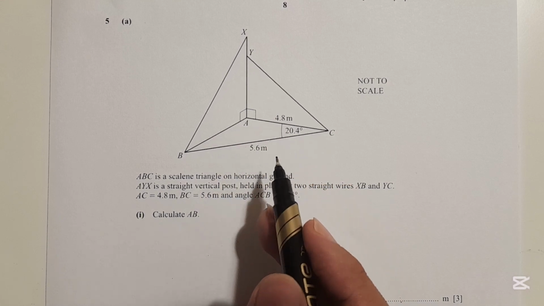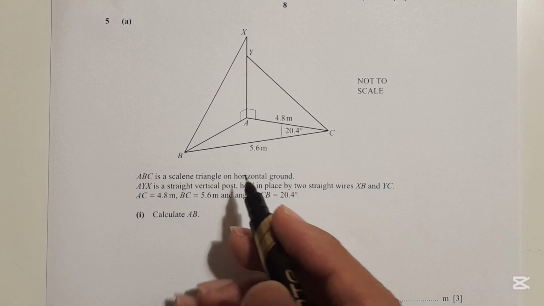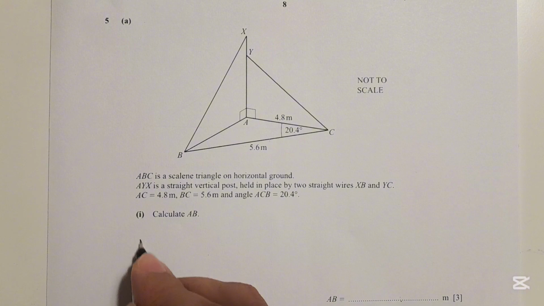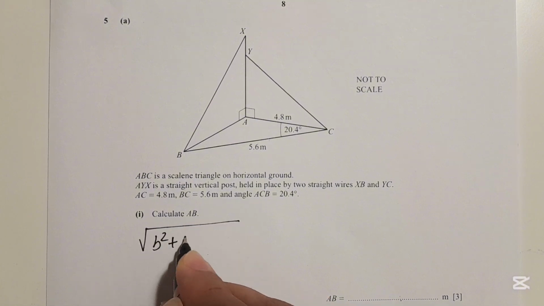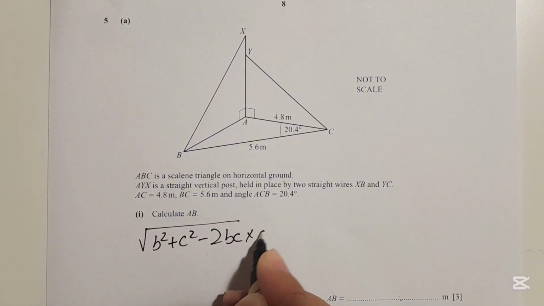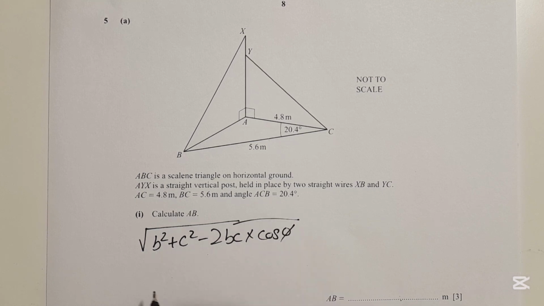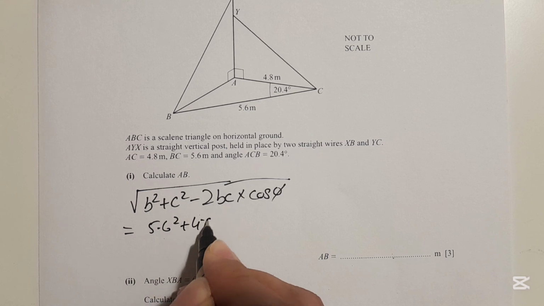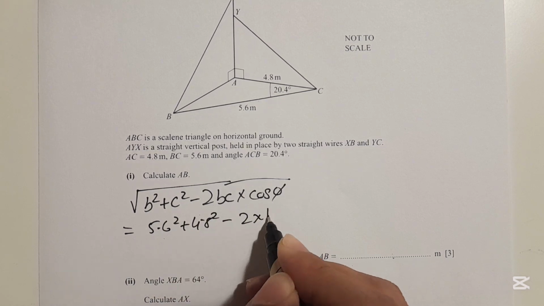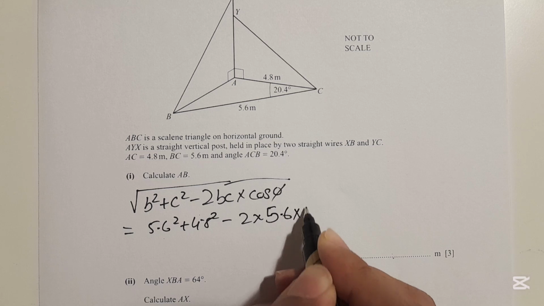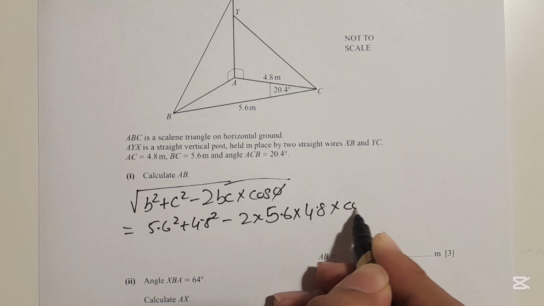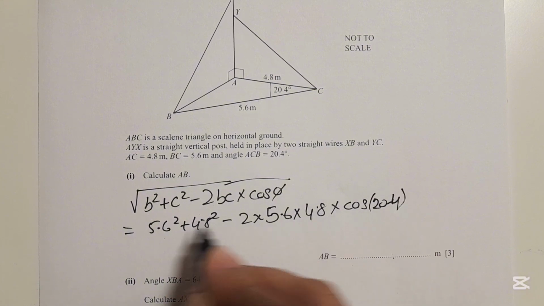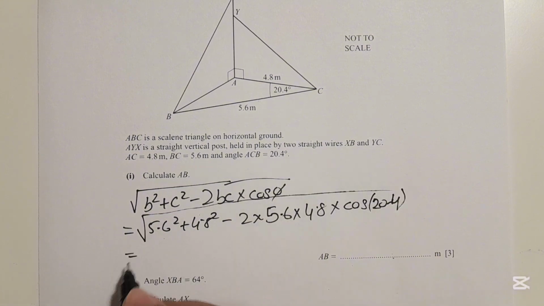So we will use the cosine rule, which is the square root of b squared plus c squared minus 2bc times cos A. By inputting the values: 5.6 squared plus 4.8 squared minus 2 times 5.6 times 4.8 times cos 20.4 degrees, and square root, we input this into the calculator.